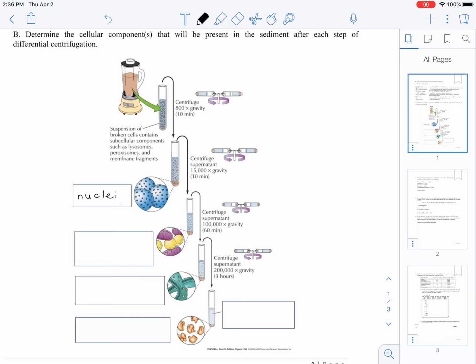Then when you take the supernatant, as you can see in the words, and then you spin it at 15,000 G, the next sediment that is created has 3 different components: mitochondria, lysosomes, and peroxisomes.